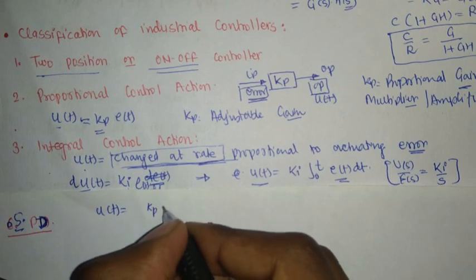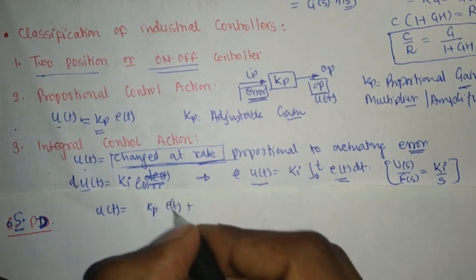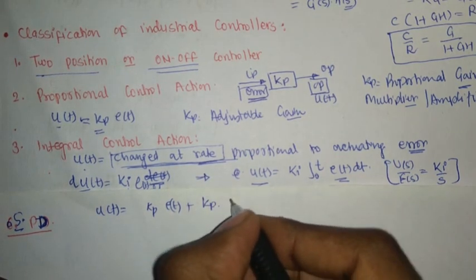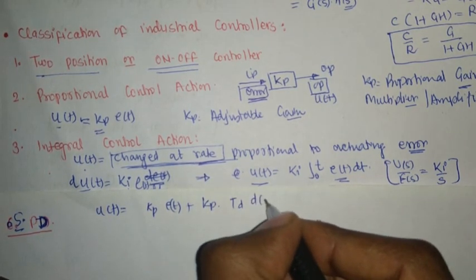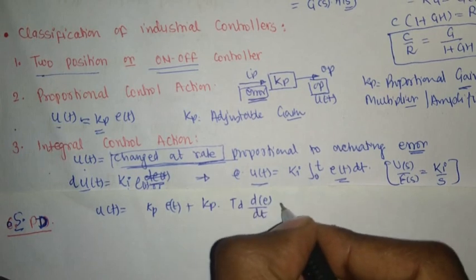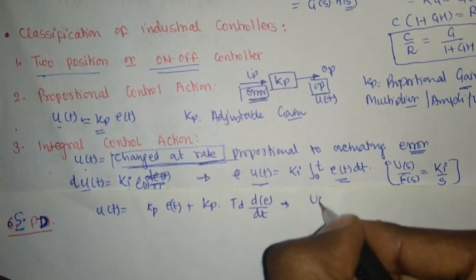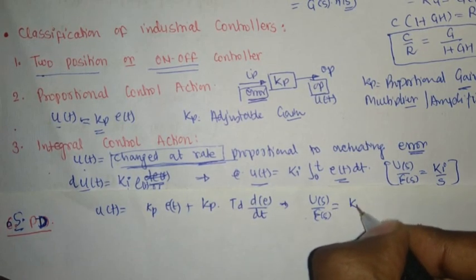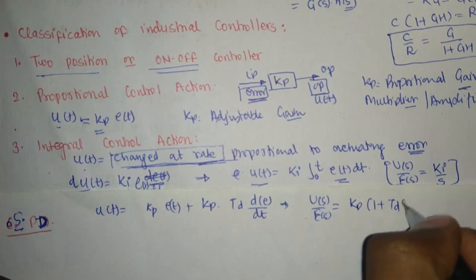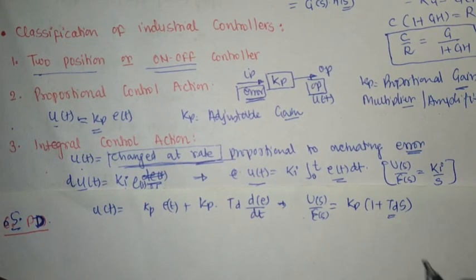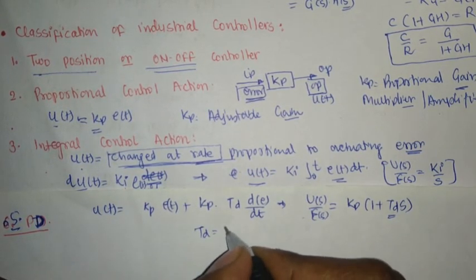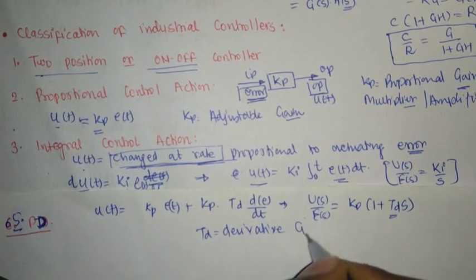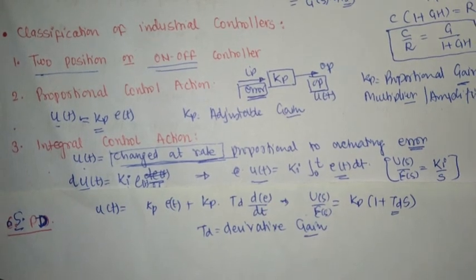So that will be Kp e(t) plus, so there is a proportional part and there is a derivative part, so Kp into Td de/dt. And this gives me basically U(s)/E(s). U is our output, e is our input, and that is equal to Kp times (1 + Td s), and Td is what? Differential gain. So Td here is known as our derivative gain or differential gain. I hope that is clear to us, right?